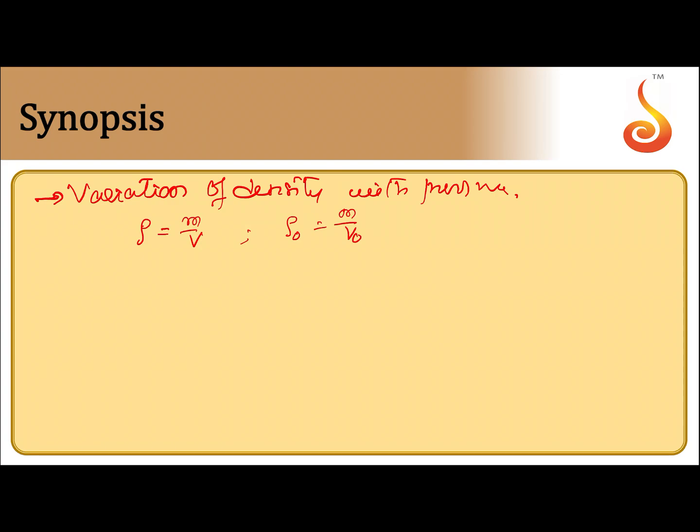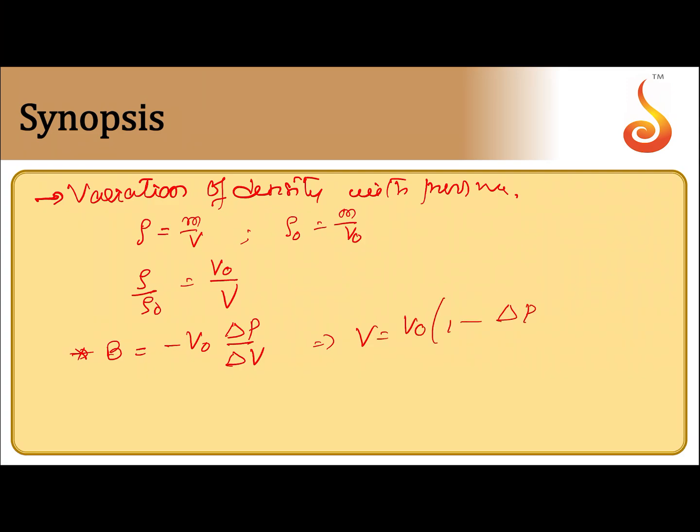So if I take the ratio, ρ divided by ρ naught is equal to V naught divided by V. But we know that by definition of bulk modulus, B is given by minus V naught delta P divided by delta V. That means V is equal to V naught into 1 minus delta P divided by B.